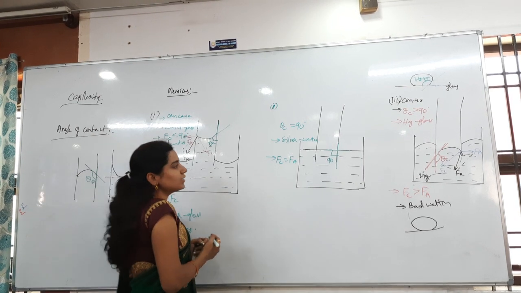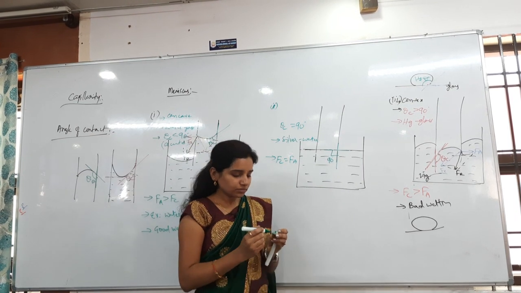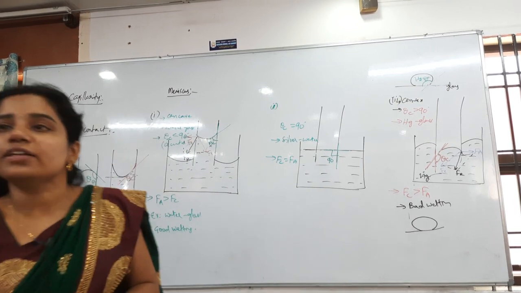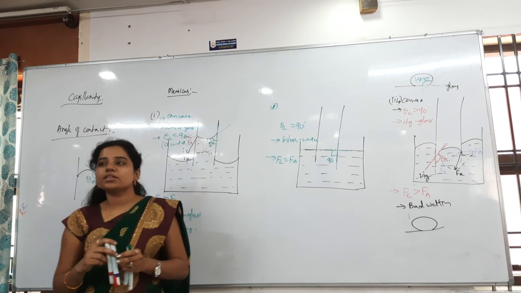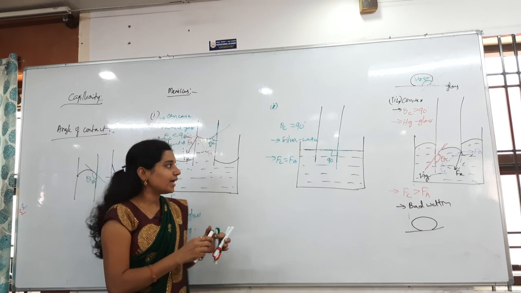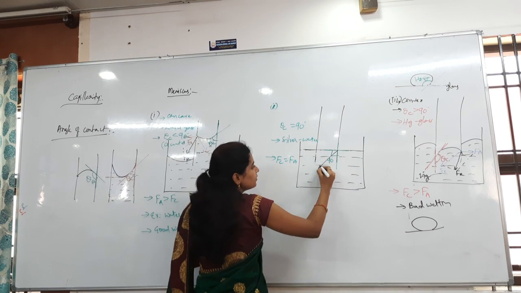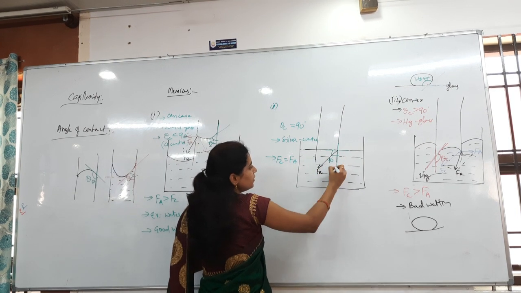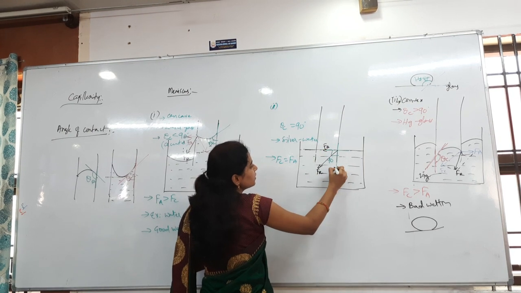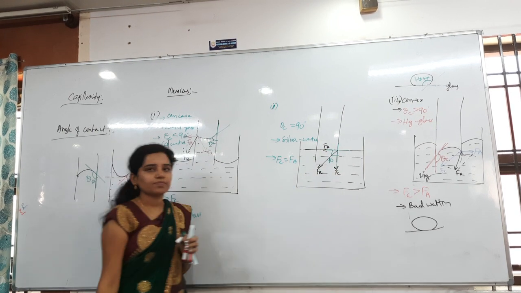So where will the resultant come here? Yes, very good. Diagonally it will come. One is a horizontal vector, another is a vertical vector, so the resultant will come exactly in the diagonal. In this direction the resultant will come. This is Fr. Which force is this? This one is the adhesive force and this one is the cohesive force in this direction.